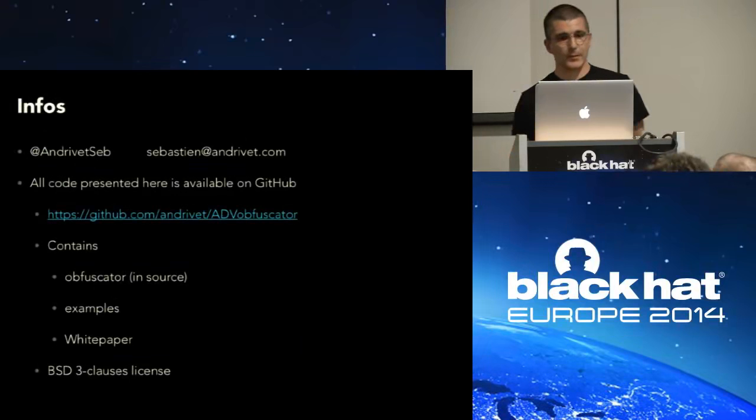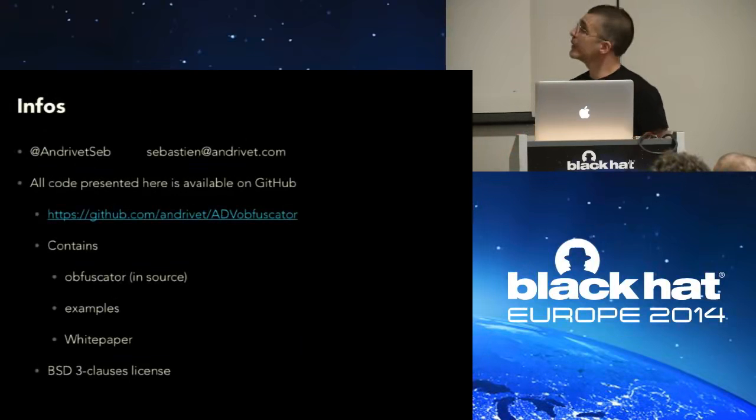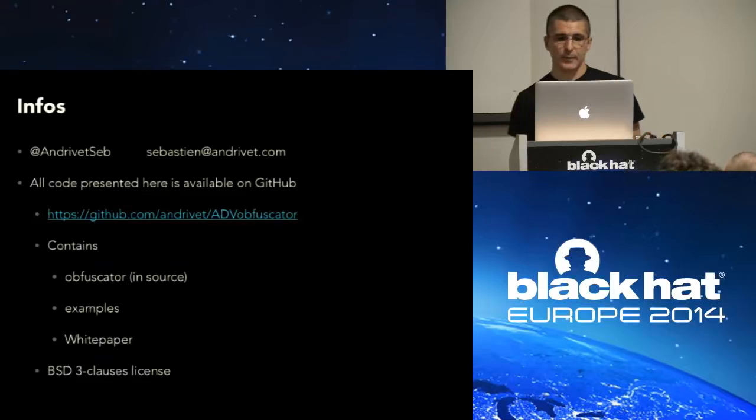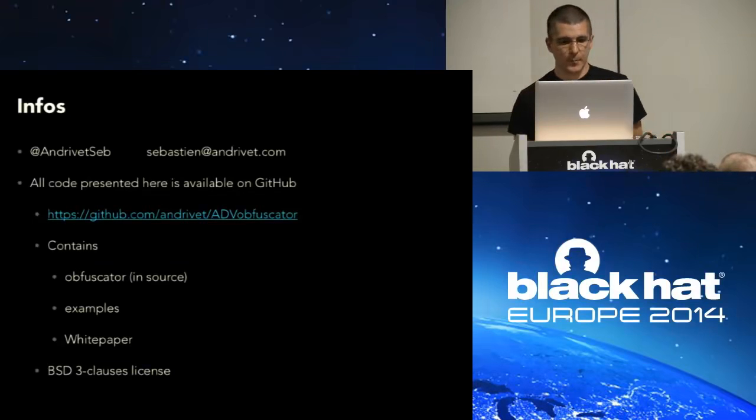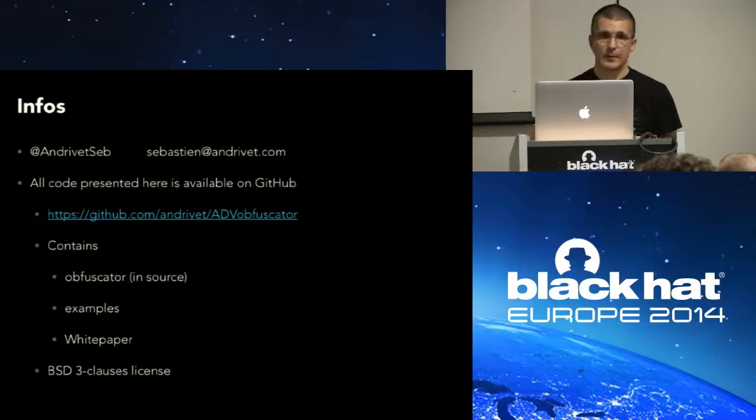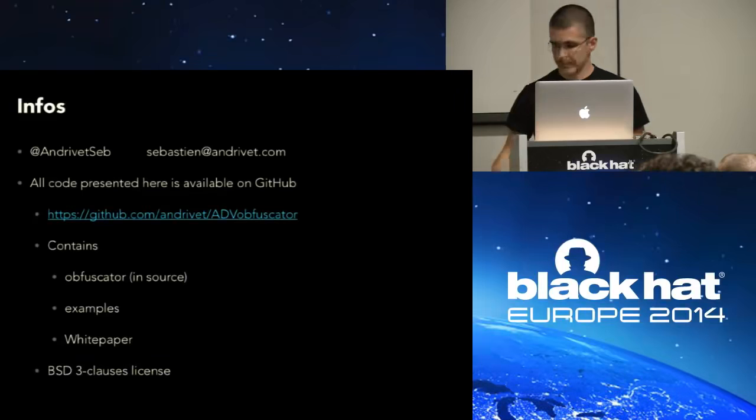All the source code is available on GitHub on my account. It contains the obfuscator, in source code of course. It's C++ templates, in header files. With some examples, you have the white paper, and it's a very permissive license. You can use it for anything, including commercial products.